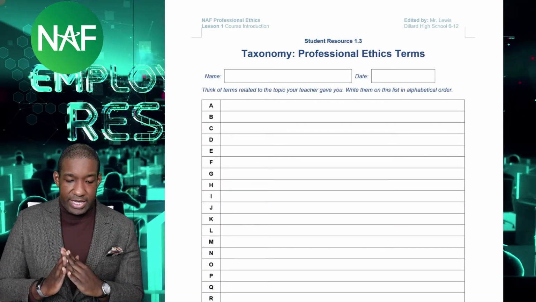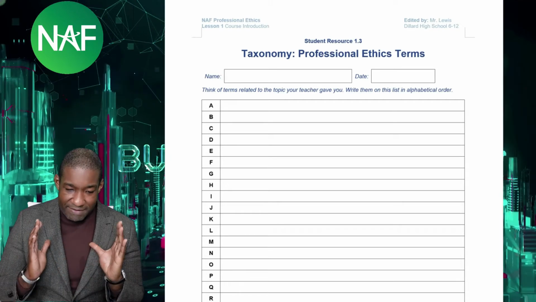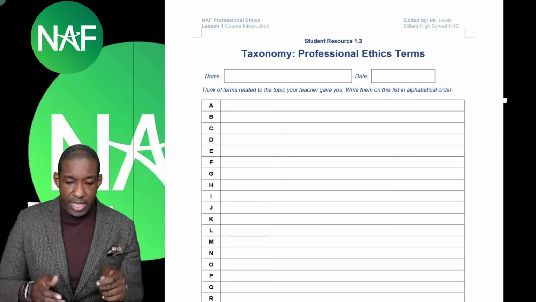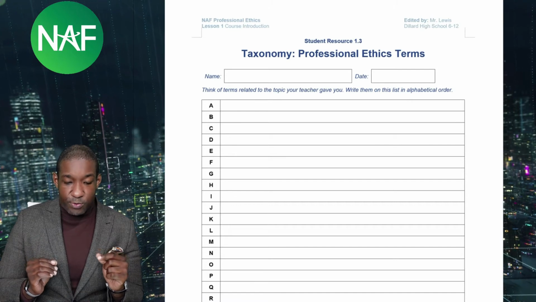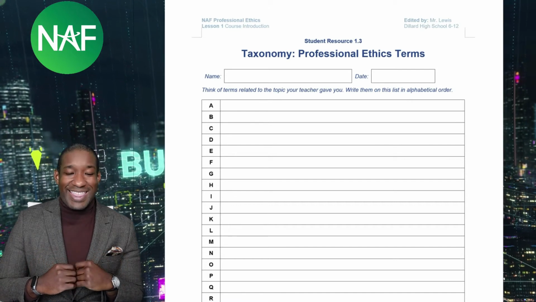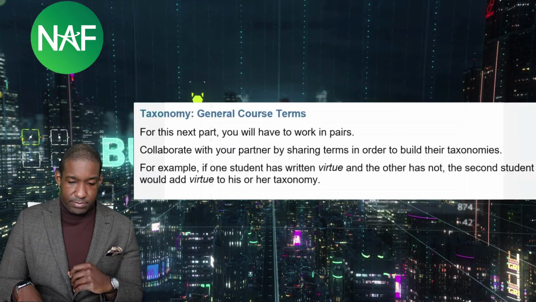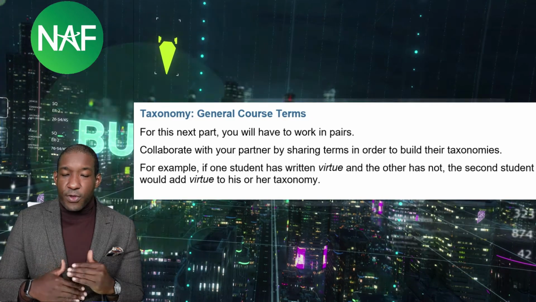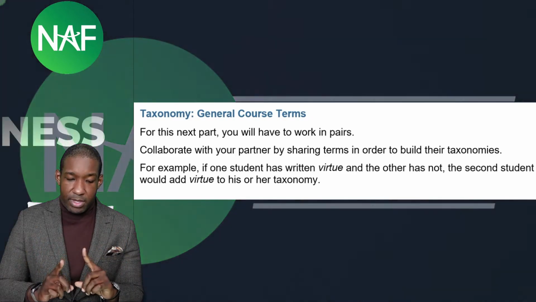If you're in my class, or any NAF professional ethics course, you should have this Student Resource 1.3 in front of you, and you will be putting in the terms in alphabetical order related to the concept of ethics. Okay, so for this next part, you will have to work in pairs.